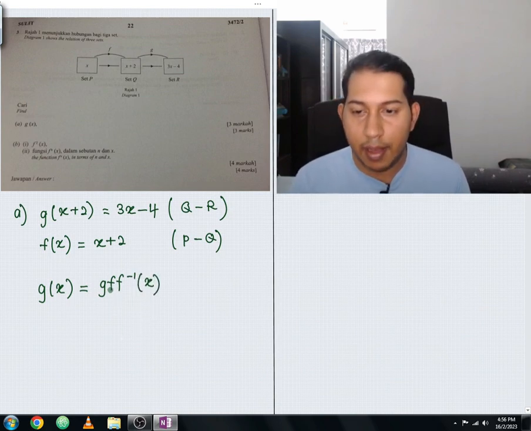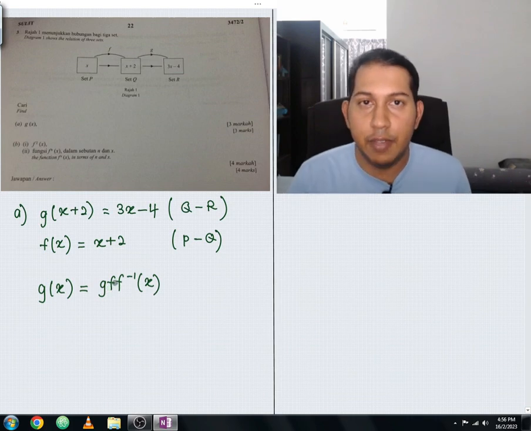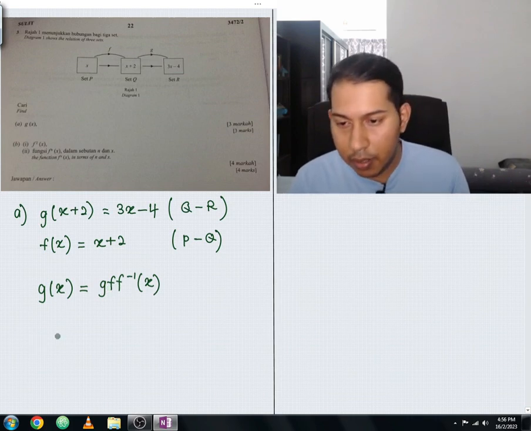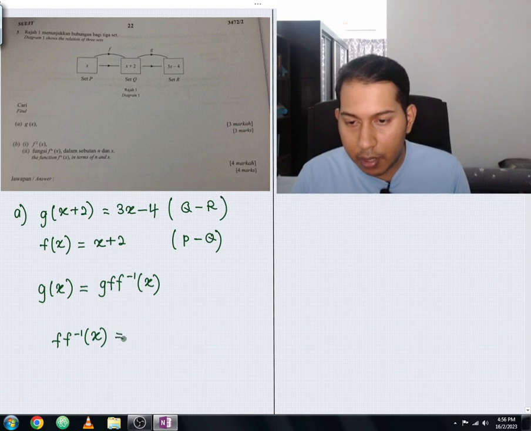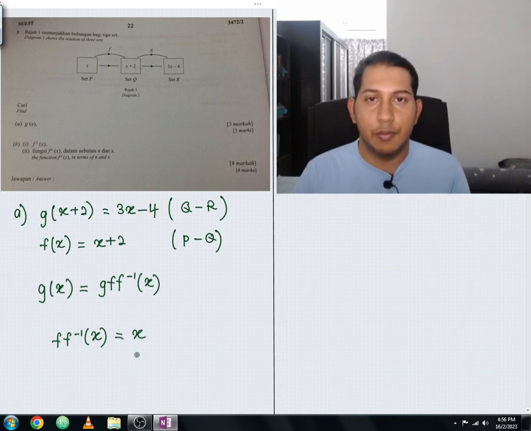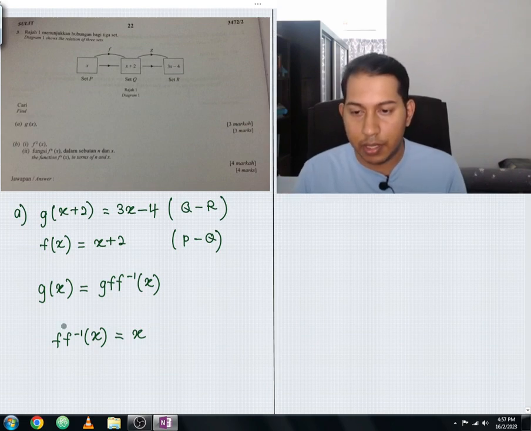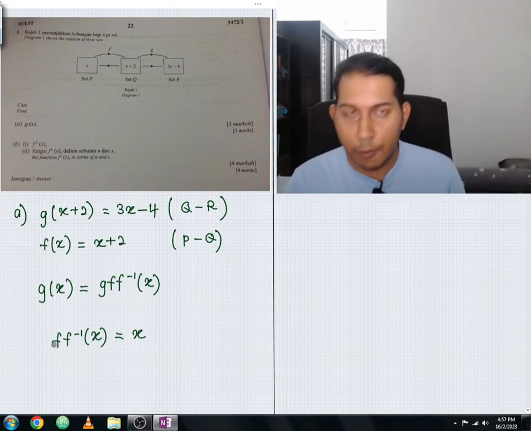Why a function f times f inverse x? Remember guys, whenever you compose a function with its own inverse, you get back the object itself, you get the object x. This is very important, so I want you to highlight this.